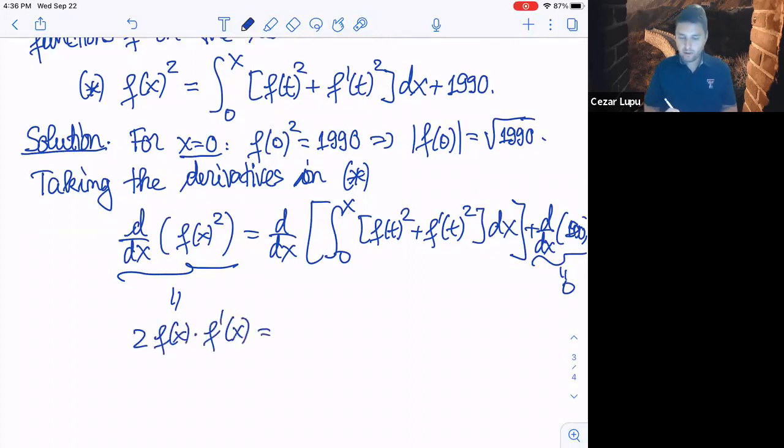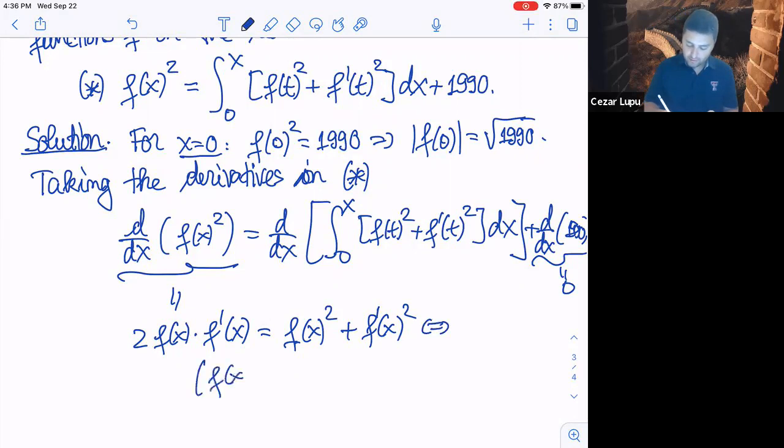And now let's be careful here, because we take the derivative with respect to x of the integral. So by the fundamental theorem of calculus, this is f of x squared plus f prime of x squared, minus the derivative of x squared, which is 0.